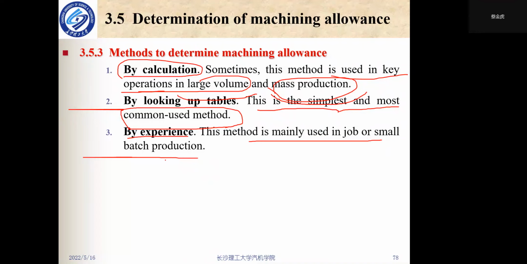Sometimes this method is used in the key operation in large volume and mass production. And the second method is by looking up tables. This is the simplest and most commonly used method.